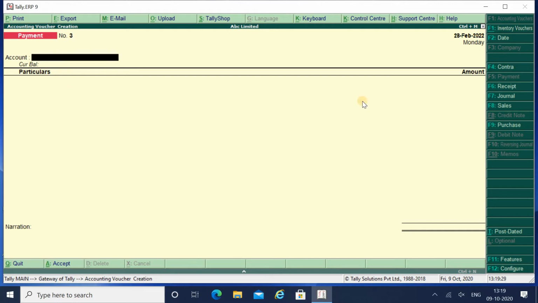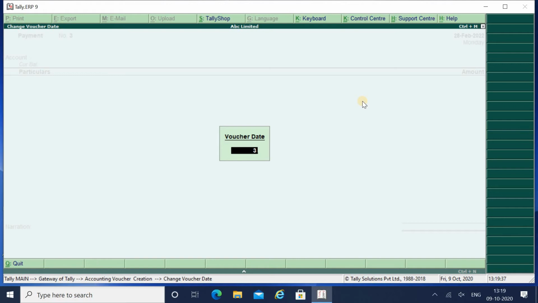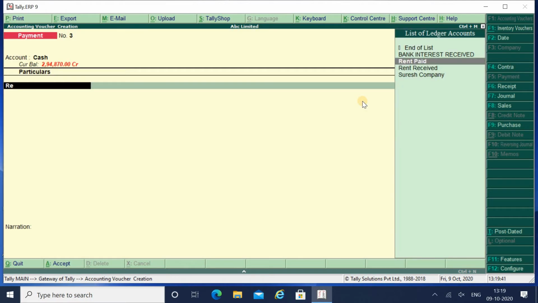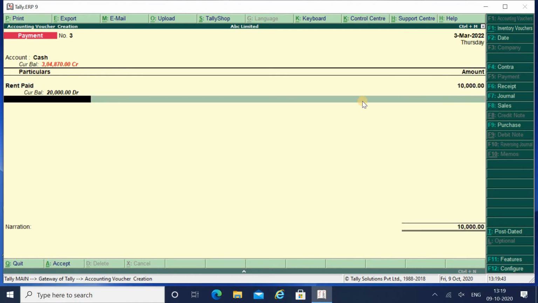Now for the month of March, I'm supposed to make the payment for the month of March or for the month of February. I made a payment on 3rd March, rent paid for 10,000 rupees.